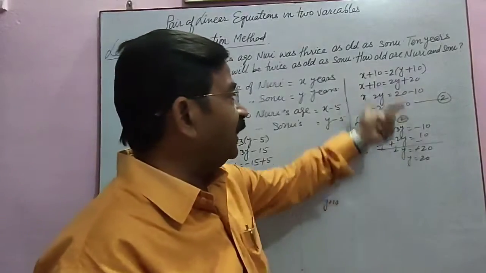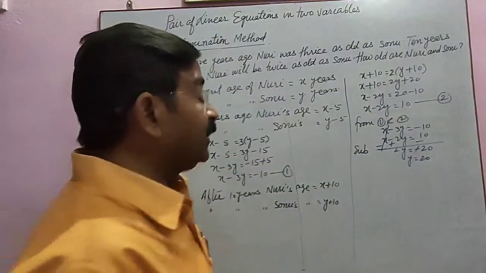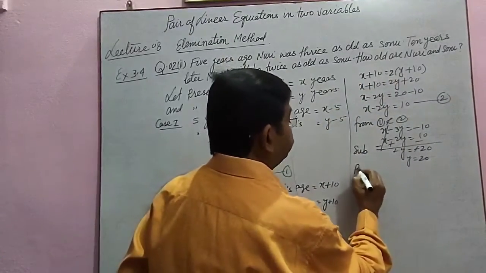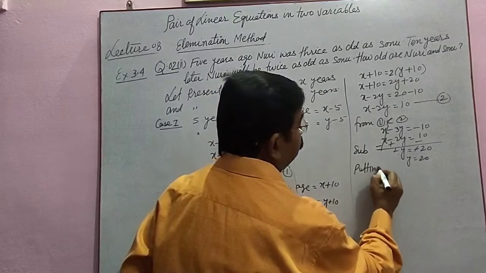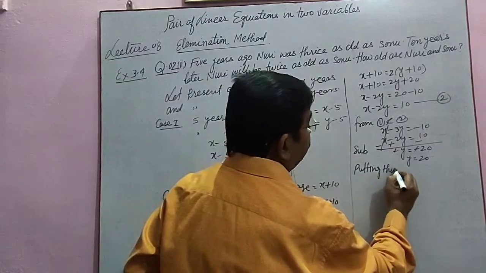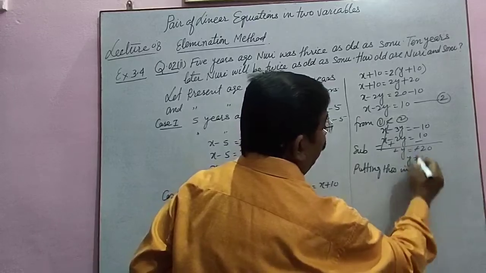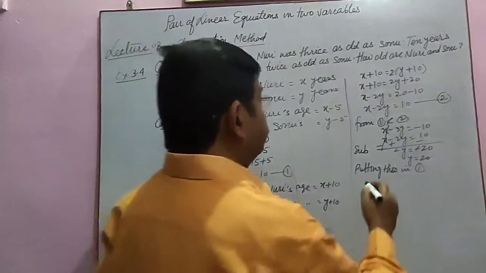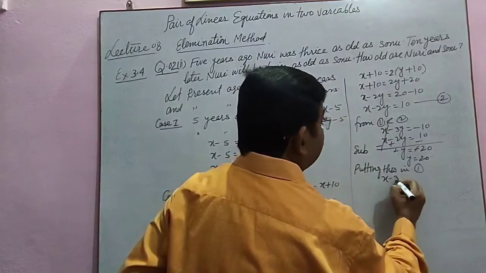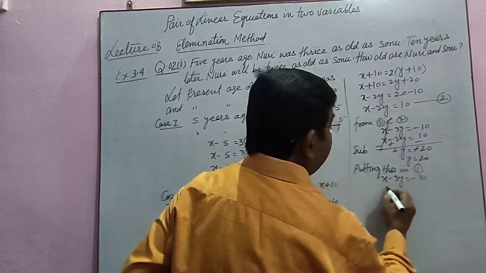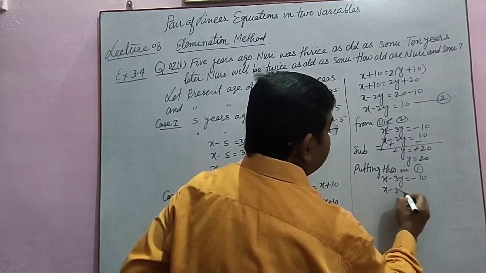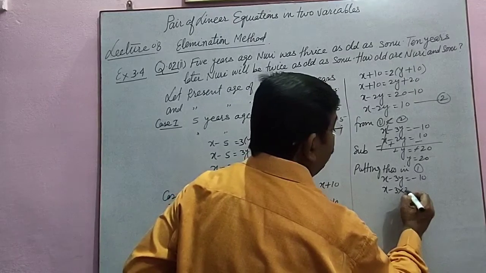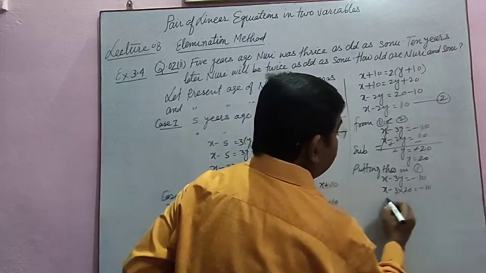Substitute the value of Y in any of the equations to get X. We write, putting this in equation 1, X minus 3Y is equal to minus 10. X minus 3 into 20 is equal to minus 10.